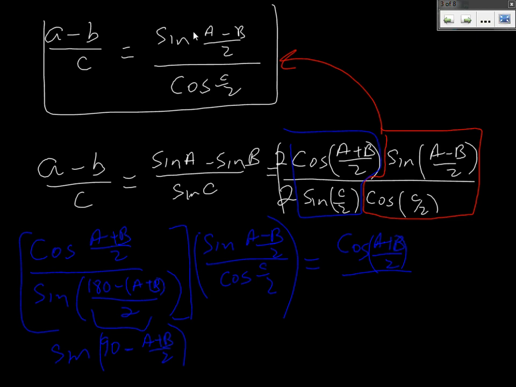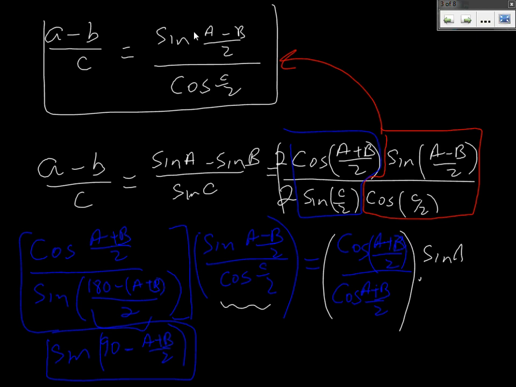So we get what's in the numerator, the cosine of (a plus b) over 2, divided by the sine of this, which is the cosine of (a plus b) over 2, and let's change the color, times this stuff, the sine of (a minus b) over 2, divided by the cosine of c over 2.